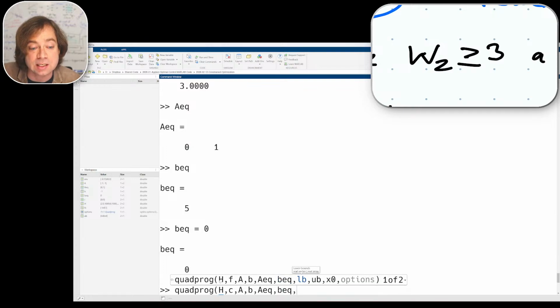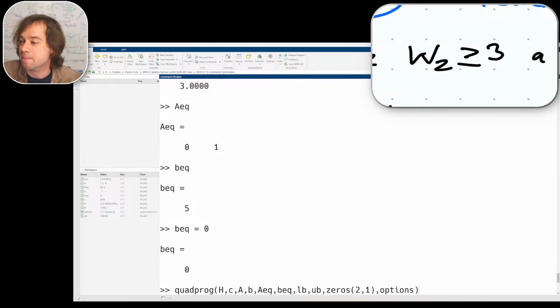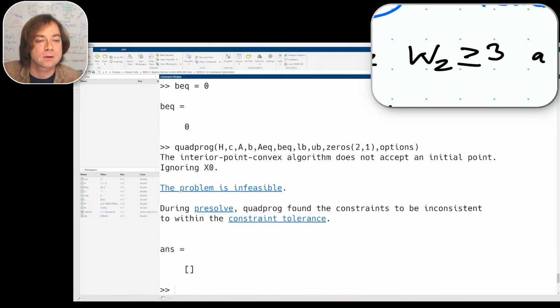They're not empty matrices. lb, ub, zeros, 2, 1, and let's look at the options. That'll add the iteration. Okay. The problem is infeasible. We gave it an impossible problem, and it knew it wasn't feasible. So the answer is it doesn't give us an answer.